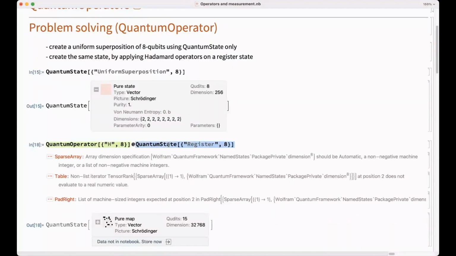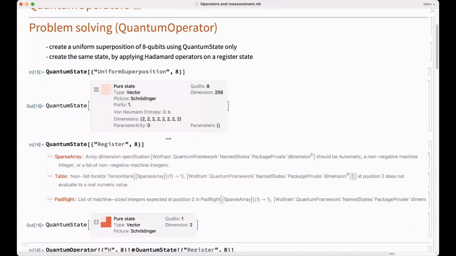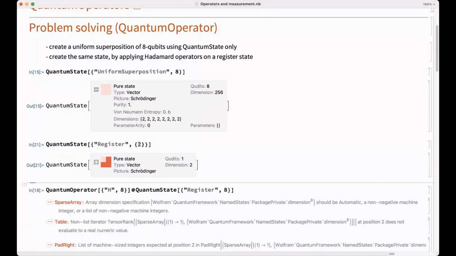Is it really an 8-qubit one? Interesting. Hold on. Do it like this.